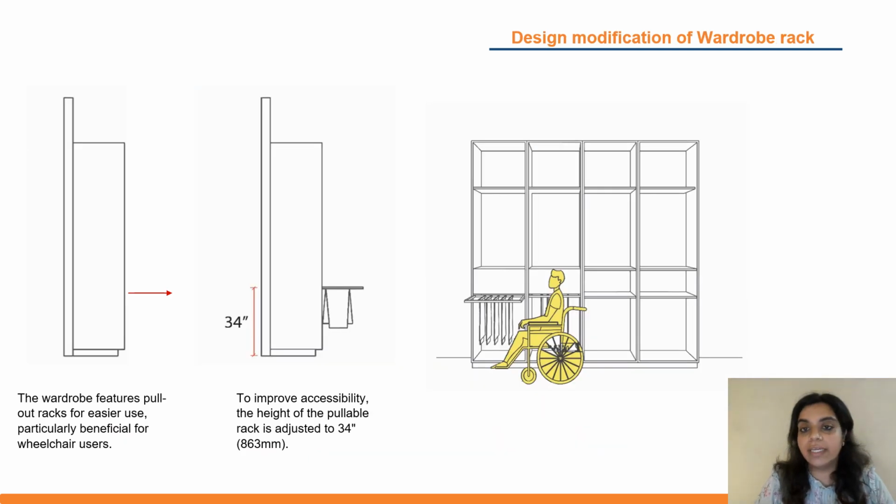The idea of creating modified wardrobe racks, which would become accessible and help the wheelchair user be independent, to be able to pull out the rack and select whatever they would wish. So we went for a modified way of creating the wardrobe with these racks as well.